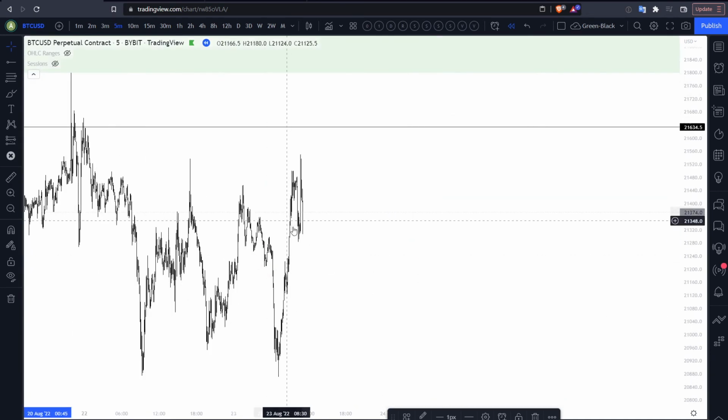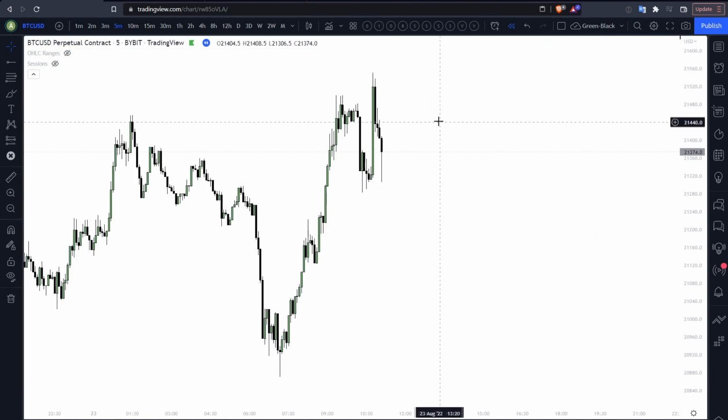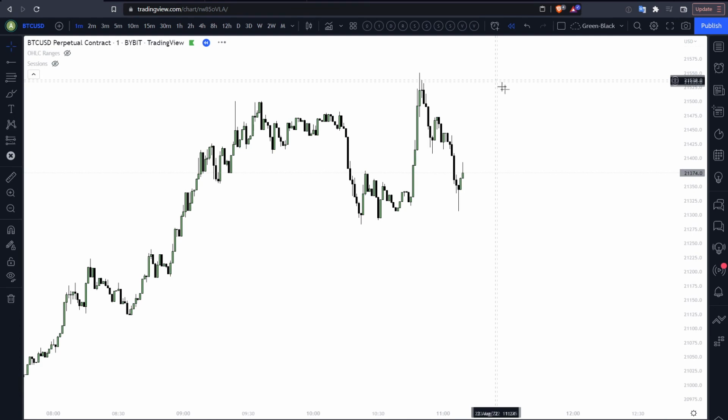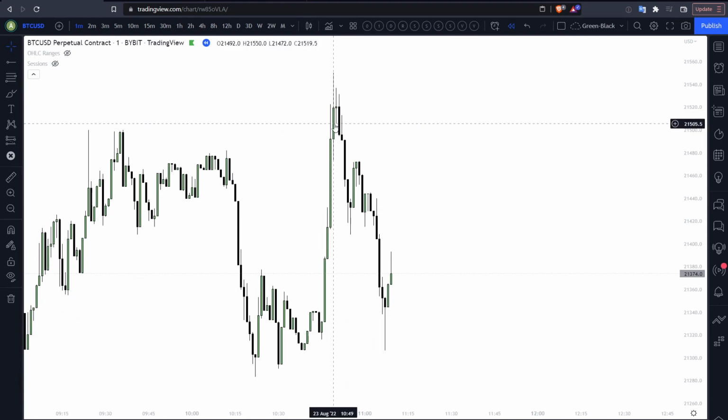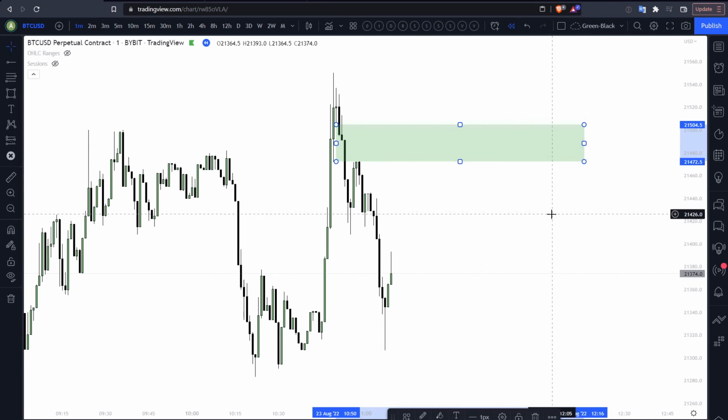Now I'm already starting to recognize a reversal pattern here, and on the 1 minute chart we are having this gap where I want to take a short and bring it down to the range low or perhaps even below. So this is my trade entry.